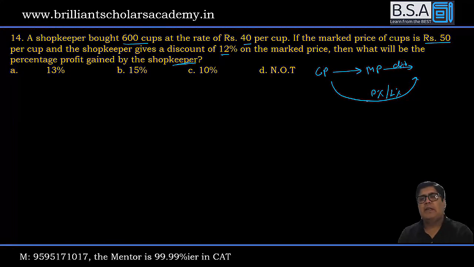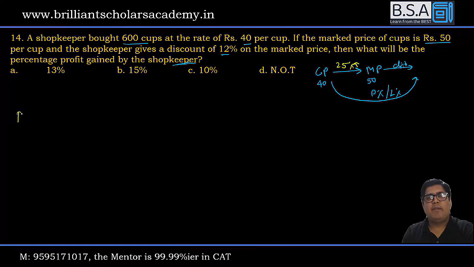If you ask me the standard way of solving, I'll go with one simple formula. When you convert 40 rupees into 50 rupees, what exactly is the markup? You have marked up 10 rupees on 40. 10 on 40 is 25% markup.